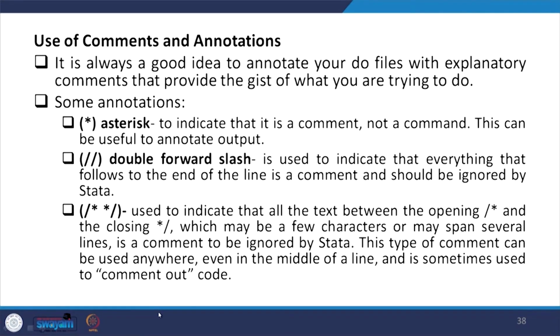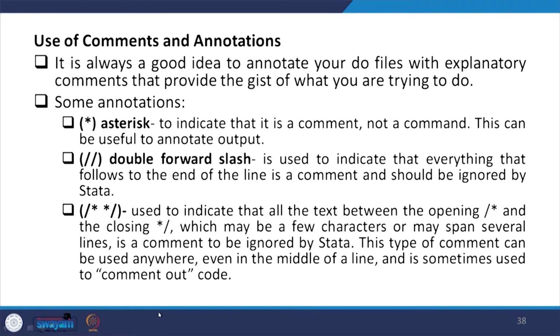And if a single forward slash with a star mark in between a text, which ends with a star and closes with a forward slash, this is used to indicate that all the text between the opening and the closing, which may be a few characters or may span several lines, is a comment to be also ignored by Stata.